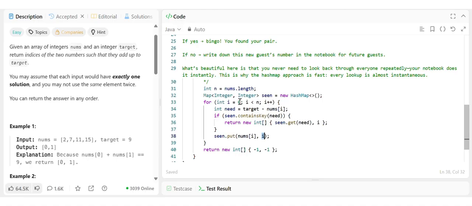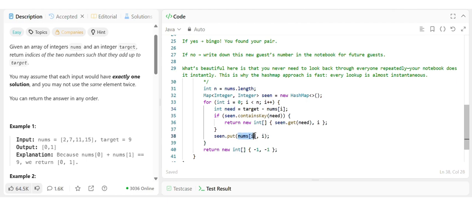That will be the person at position number 1. And we will define need again. We will say that need is whatever the target is, minus the number that this person represents. Is this need present in my notebook?